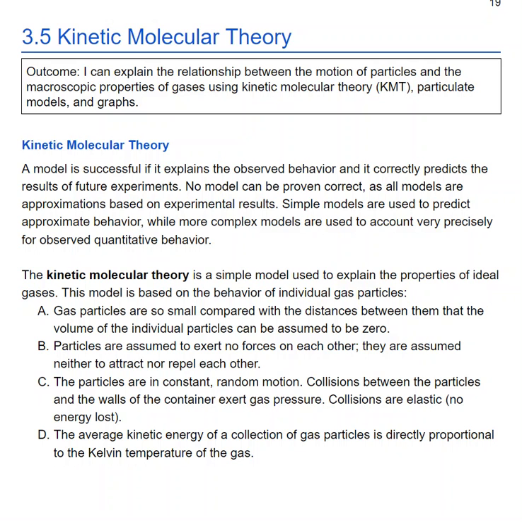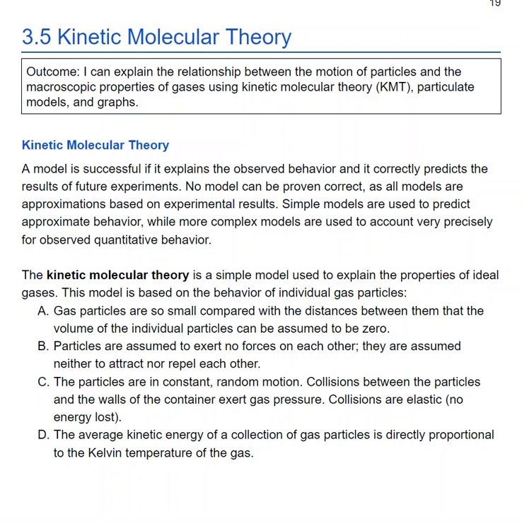So we have to assume that the gases follow these behaviors here, these postulates. So gas particles are small compared to the distances between them, so we might as well say that they have no volume. The particles are assumed to exert no forces, no attraction or repulsion.